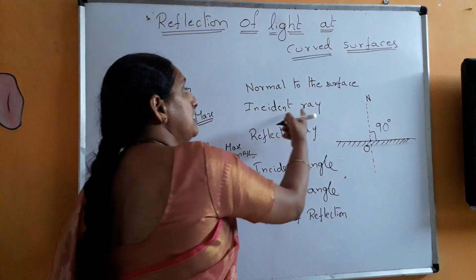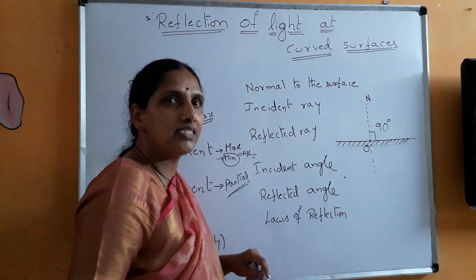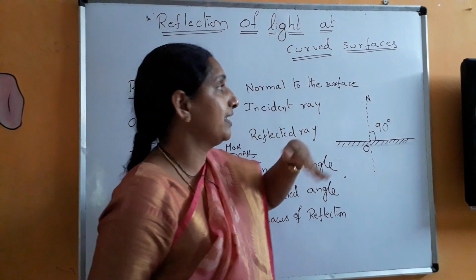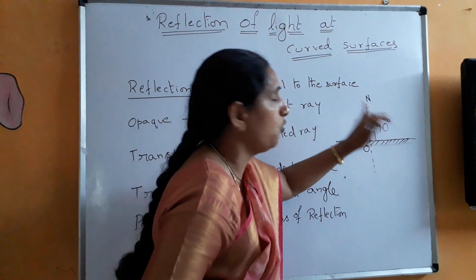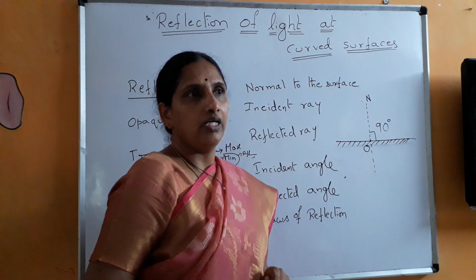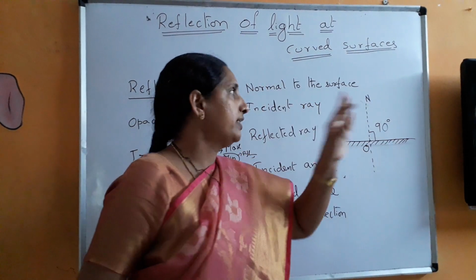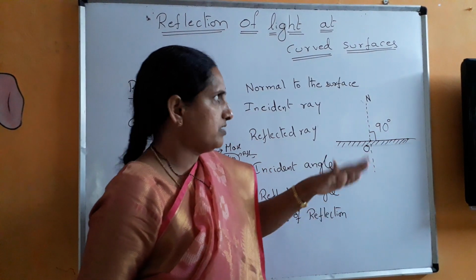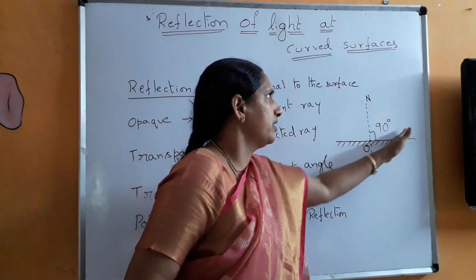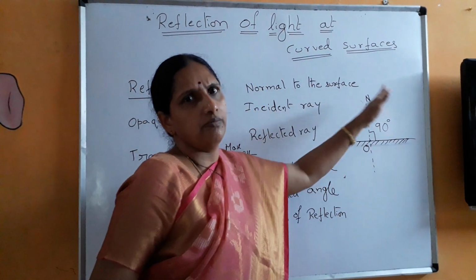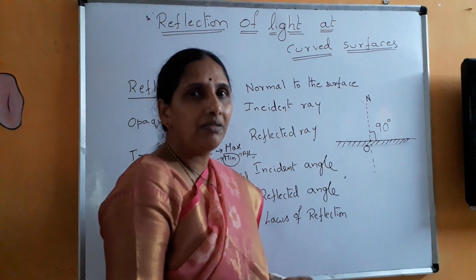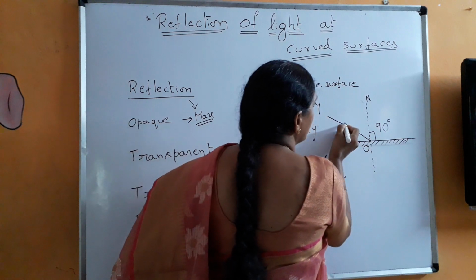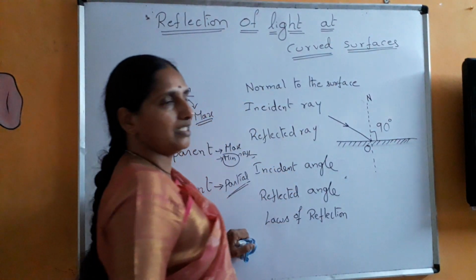Now, the incident ray. That means you have to imagine that a ray is coming and falling at point O. It is coming and hitting the surface at point O. How does it come? It comes in a number of ways, right? In this plane, from anywhere it can come and hit the point O. Let me imagine that my ray is coming like this.